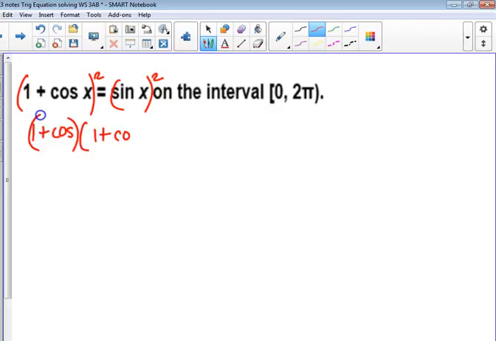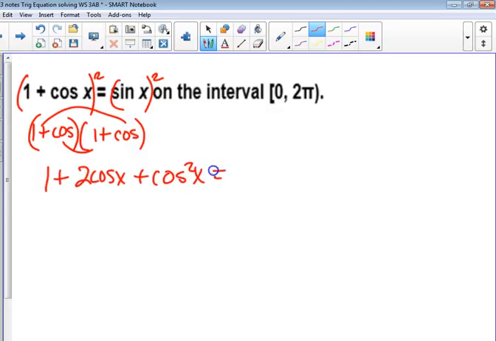Oh, I just lost an x. Is that okay? 1 plus 2 cosine plus a cosine squared equals, what's over here? Okay. Oh, that's much nicer.